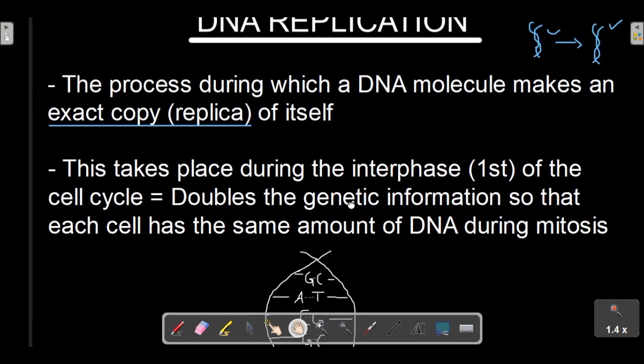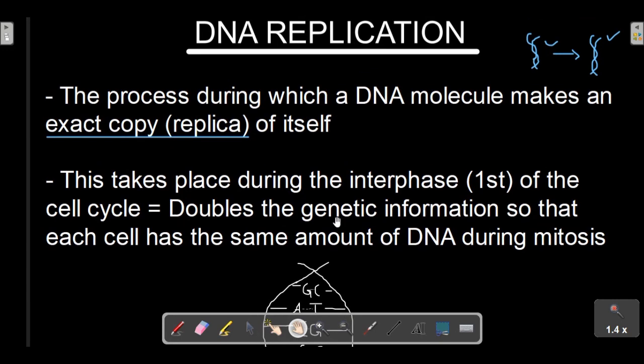Now, when does this occur, and where does it occur? Well, this occurs during the interphase of the cell cycle. So for those of you who haven't done meiosis and mitosis, or the cell cycles, interphase is the first stage.